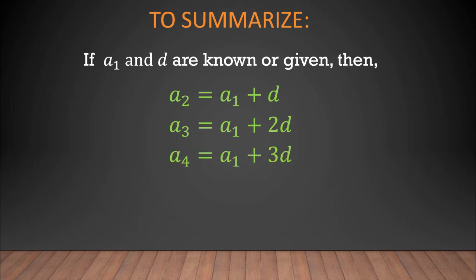A sub 4 will be equal to a sub 1 plus 3d. A sub 5 will be equal to a sub 1 plus 4d. A sub 6 will be equal to a sub 1 plus 5d.